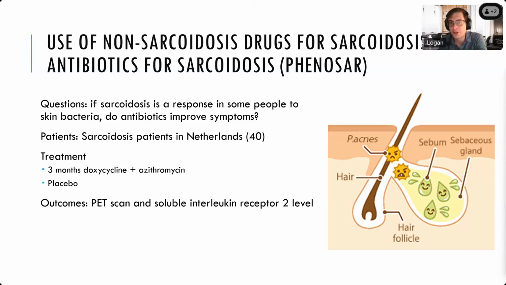In this trial, they're looking at patients who have sarcoidosis of the skin. They're giving half of them antibiotics and half of them a placebo, and they're looking to see, are they able to improve the sarcoidosis.